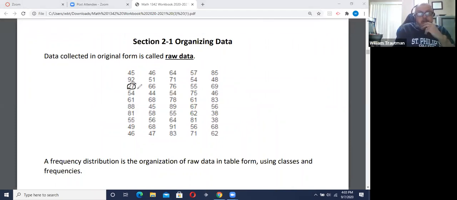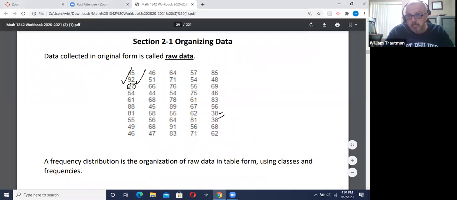There is no other data between 27 and 35. I don't see any other piece of data there. There's 38. That's too much. That's in the second limit. So that's the only piece of data between 27 and 35.